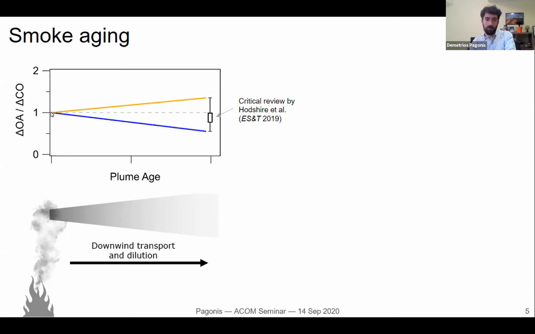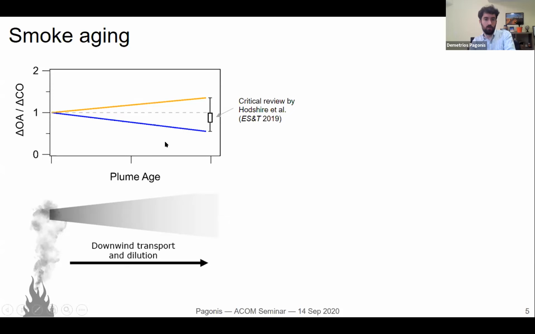Right, and then if you go through the literature, Anna Hodshire has a nice review that compiles many field and lab measurements of the aging of smoke OA. There are times where you see net increase in OA relative to CO, but most often you get a net decrease.